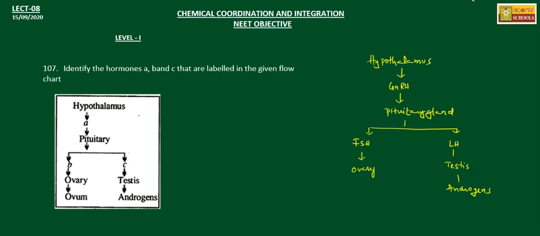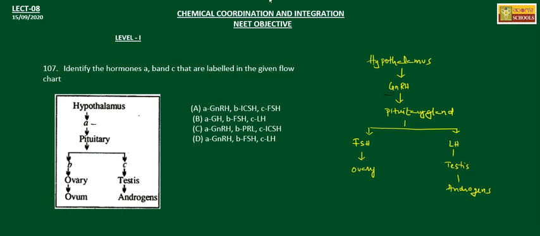Let's see those options. As I mentioned, it should be GnRH at A, FSH at B, and LH, luteinizing hormone, at C. So option D is the right answer.